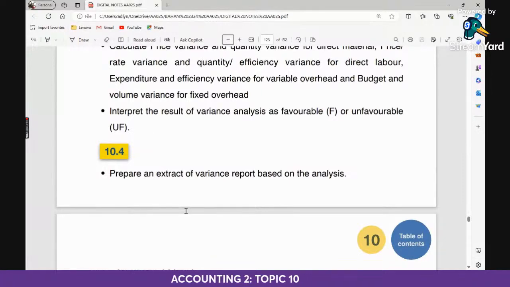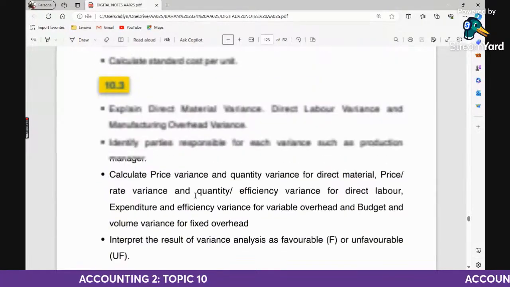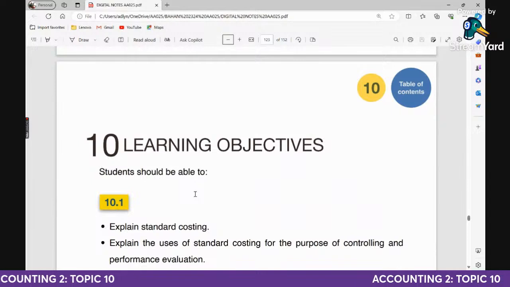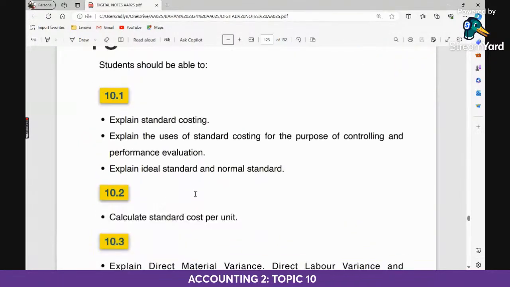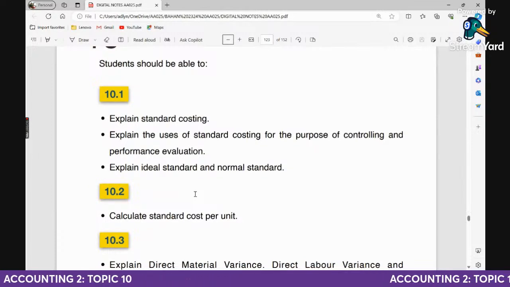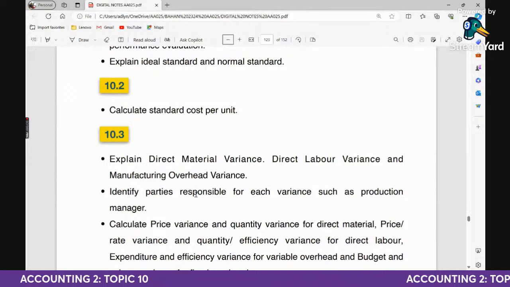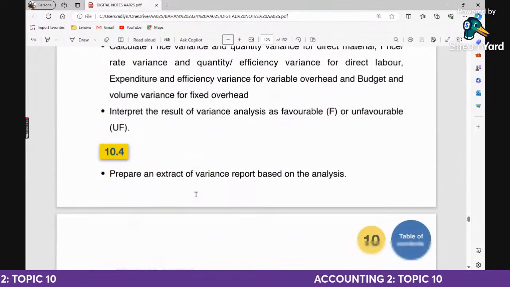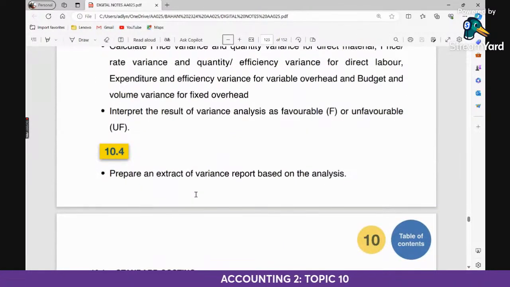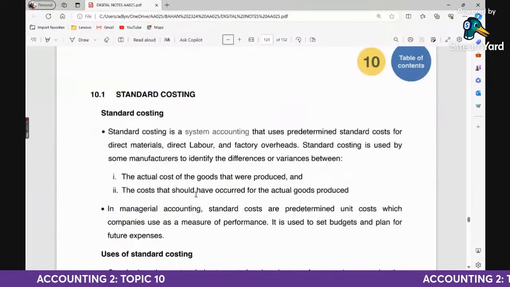So basically, 10.1 is the introduction, 10.2 is the calculation for standard cost, and then 10.3 is the further explanation on the variance that we have in topic 10, and then 10.4, basically we are going to sum up everything in a form of extract. All right, so let's look at 10.1.